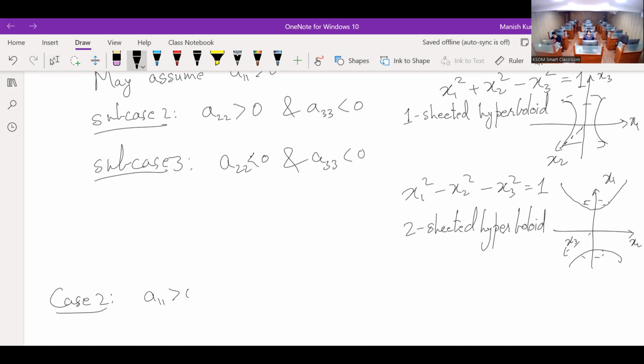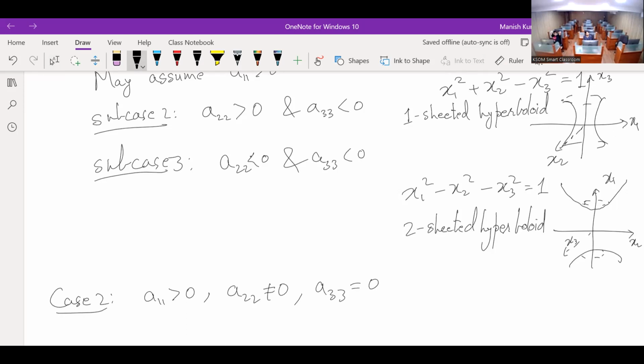A11 is positive. So we can assume at least one of them is non-zero, and by multiplying the equation by -1, we can assume A11 is positive. But maybe A22 is, let's say, non-zero, and A33 is 0.